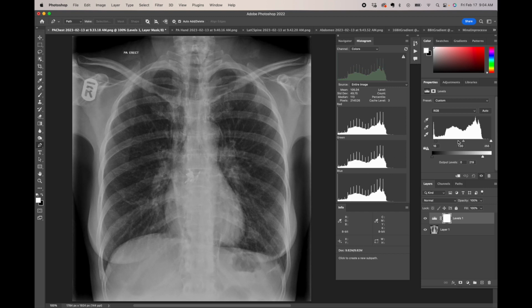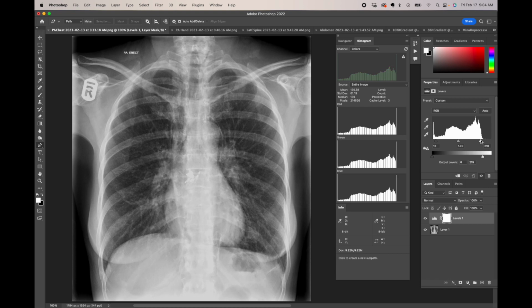This one isn't changing, but this is showing what these adjustments have actually done to the data in the file. So you see this come down when I bring over the shadow side, and when I pull in the highlights, you start seeing these lines immediately come in on the data side of it.